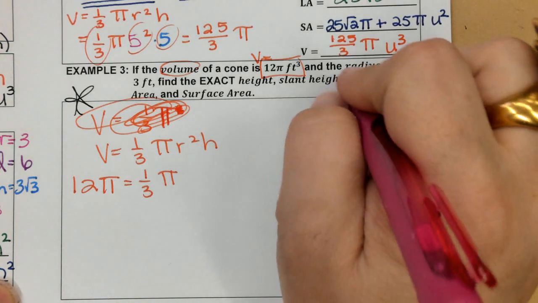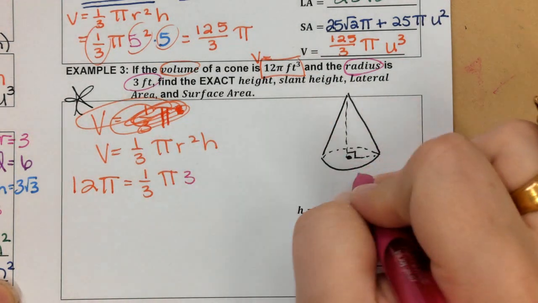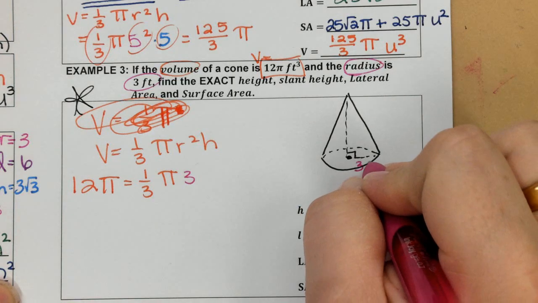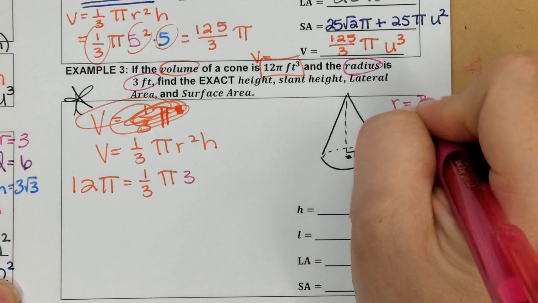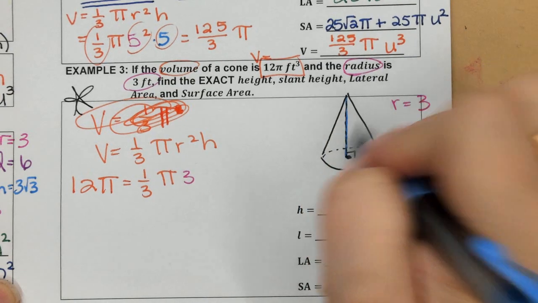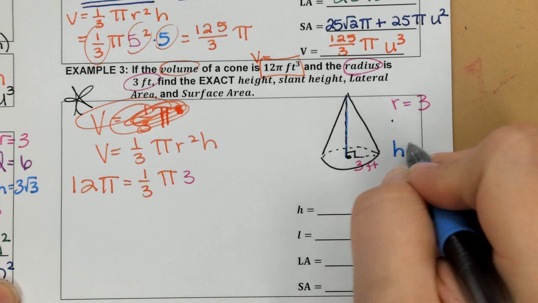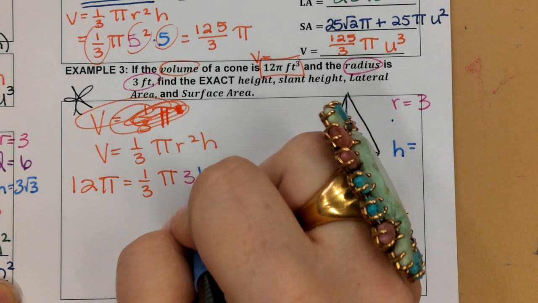Now they also gave us that the radius is 3 feet. And I need to find that internal height.